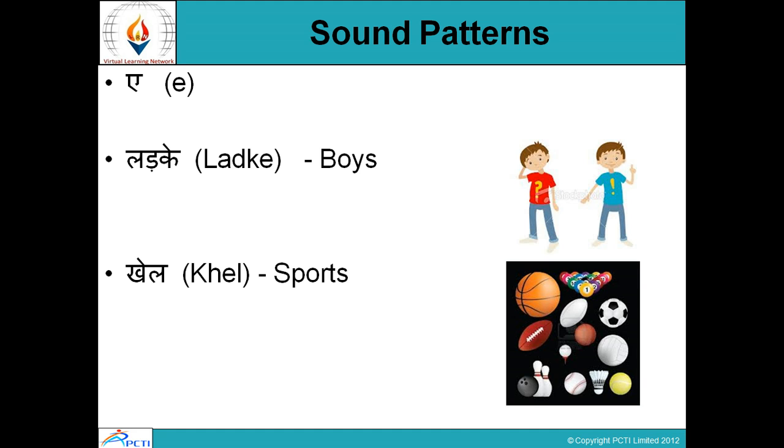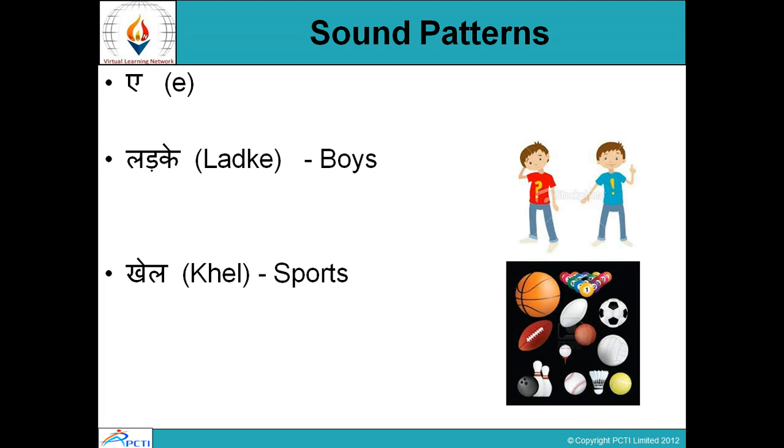Next is A. It's a sound of A. It's a small sound of A. It is called ladke. Sound of A. You can see the symbol. How do we represent the small sound of A? On l we have this symbol.